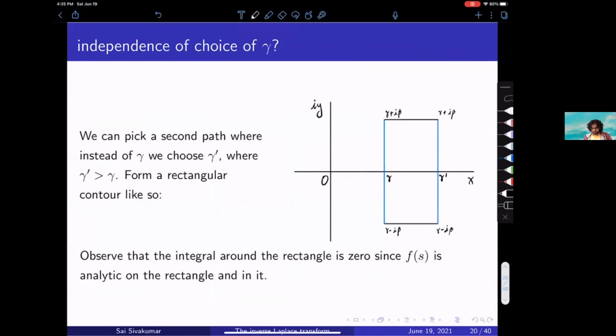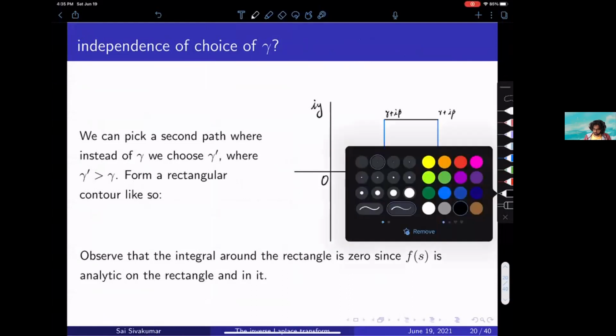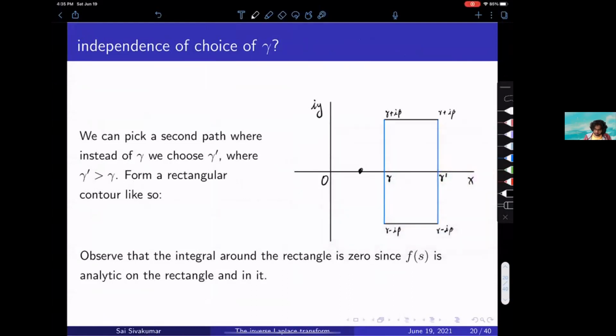So you want to show that if we choose any gamma greater than x naught, let's say we choose this gamma, and let's say we choose gamma prime, we want to show that the inversion integral is the same if we take it on either of those lines at those real values.